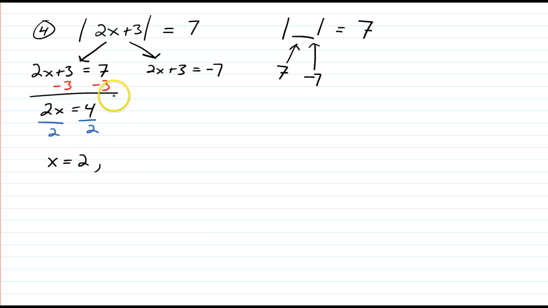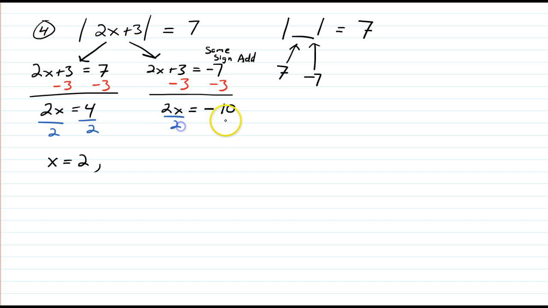So there's one answer. Now we solve the second equation. Minus 3. And so we get 2x equals, so when you have a negative and a negative, it's going to stay negative. When they're the same signs, you add, so you get negative 10. So when they have the same sign, you need to add and keep the sign.